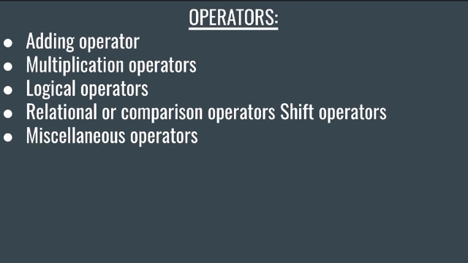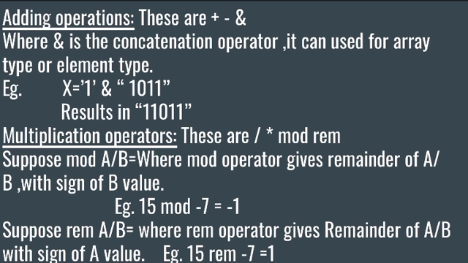Coming to the adding operators, we have plus, minus, and the ampersand symbol, which is the concatenation operator. That means it can be used for an array type or an element type also. Here is an example for adding operation: x is equal to 1 and 1 0 1 1, so the result will be 1 1 0 1 1.